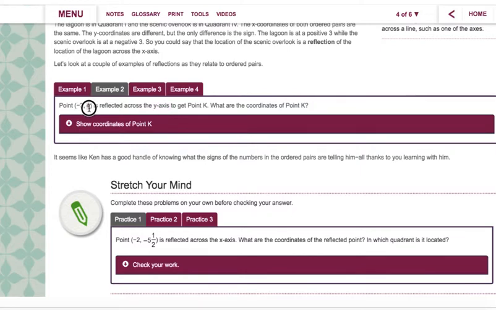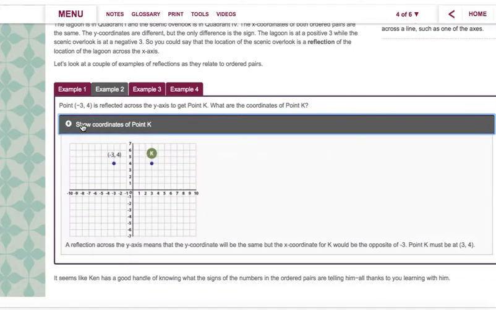This is the y number right here, the y-coordinate 4. So when I write my new ordered pair, I'm going to keep the 4, positive 4. It's the x that I need to have the opposite of. So what's the opposite of negative 3? Positive 3. And that's where we have it right there. So the ordered pair would be positive 3, positive 4.